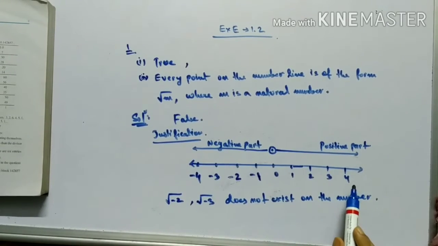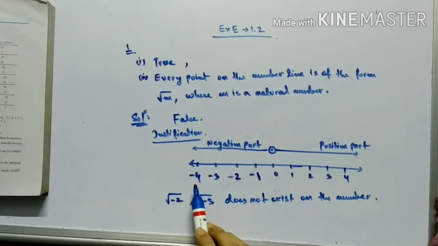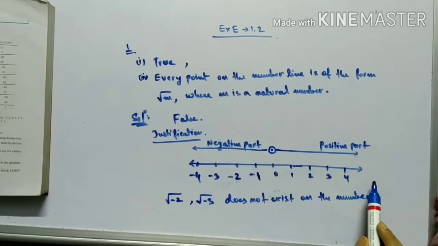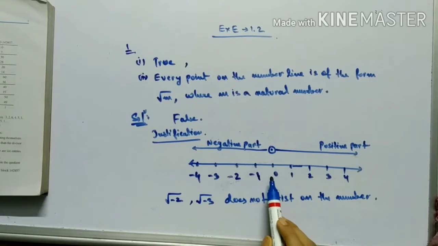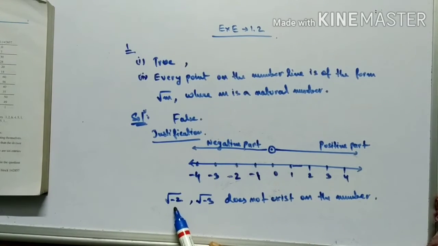Understand, the number line not only consists of positive numbers, it consists of negative numbers also. Square root of positive numbers is there, but square root of negative numbers is not there. For example, root over negative 2, root over negative 3 does not exist on the number line.